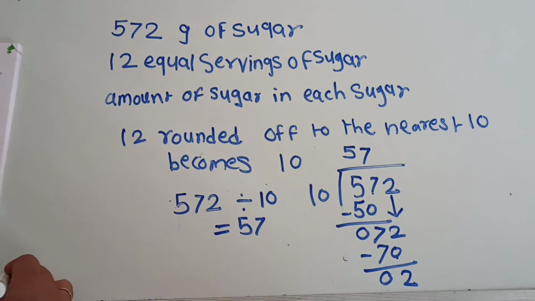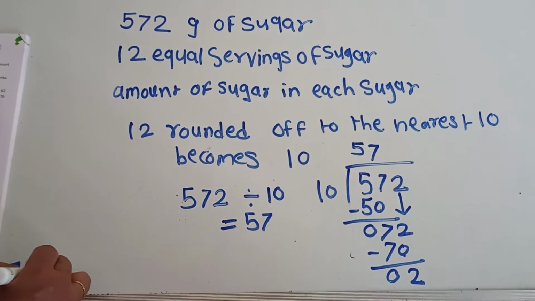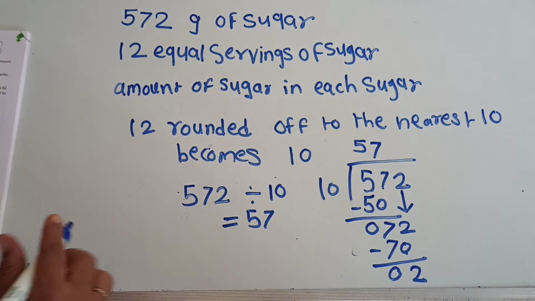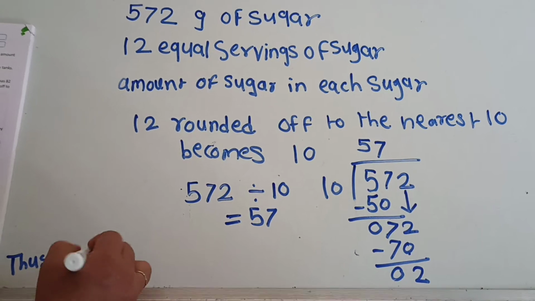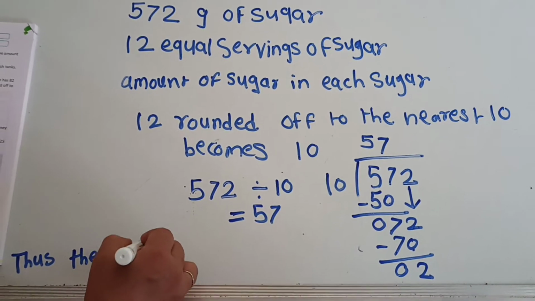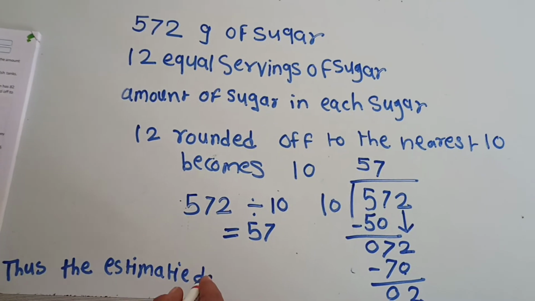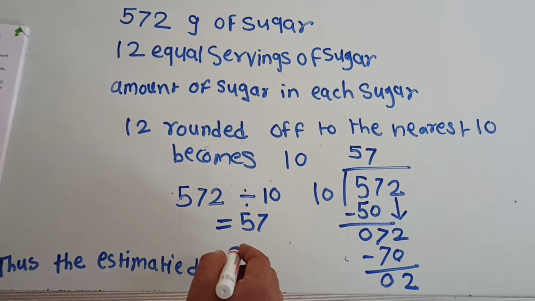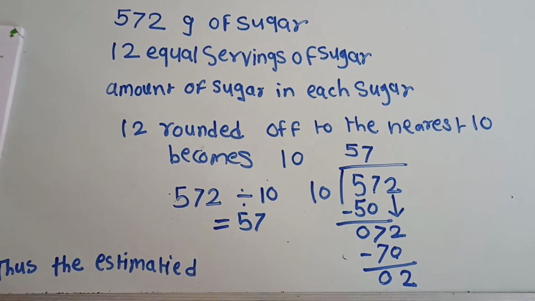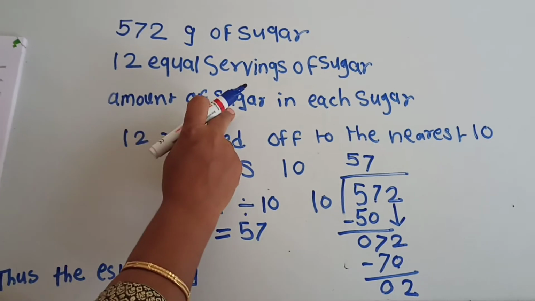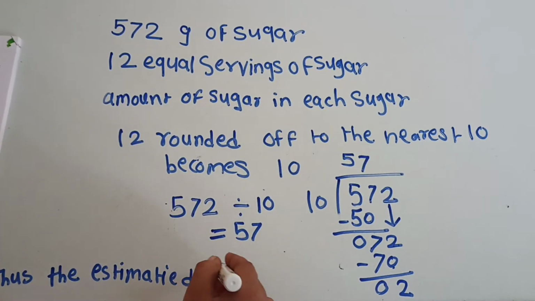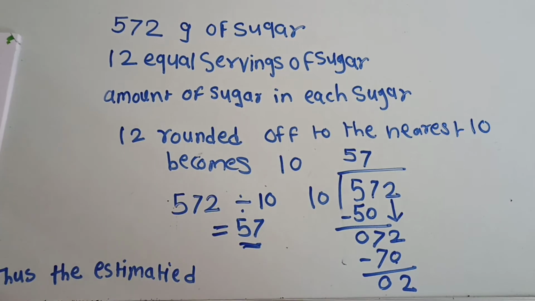So thus the estimated amount of sugar is 57 gram.